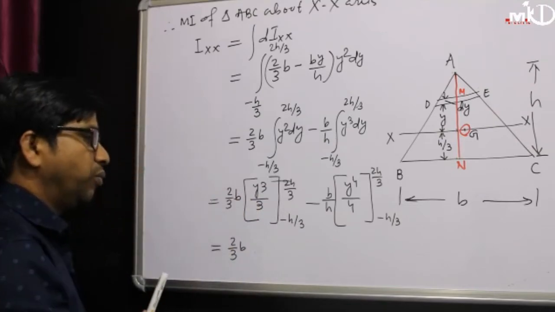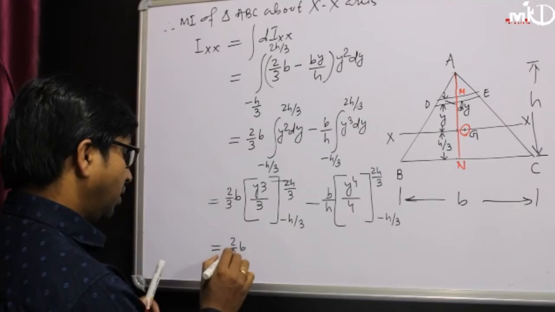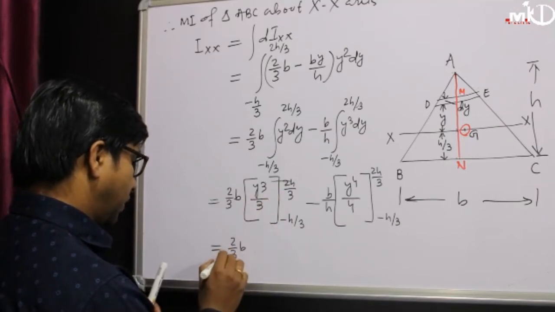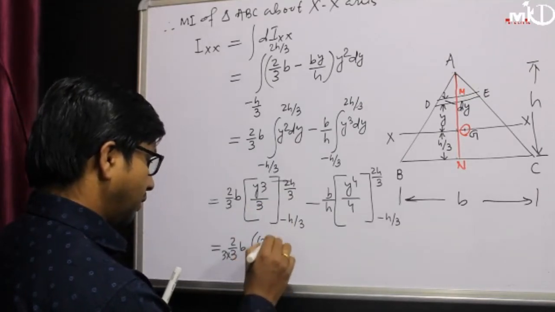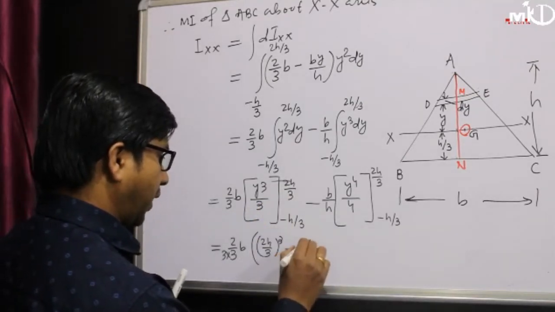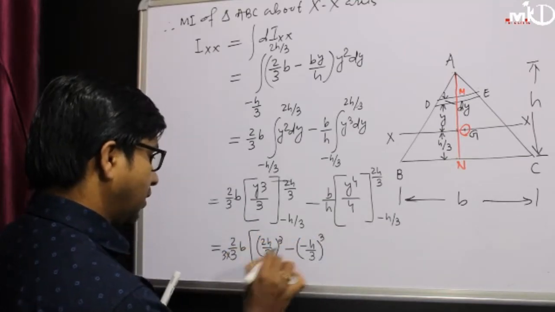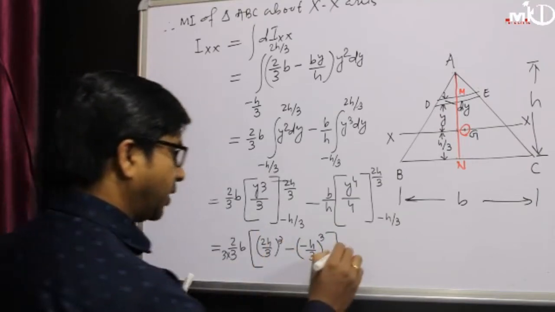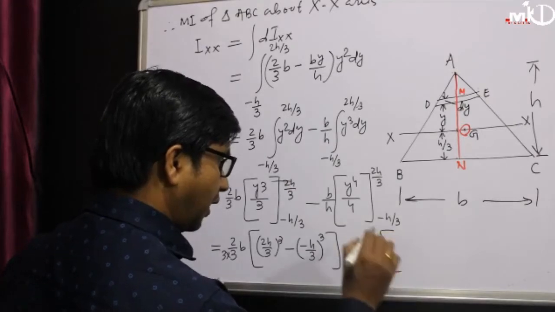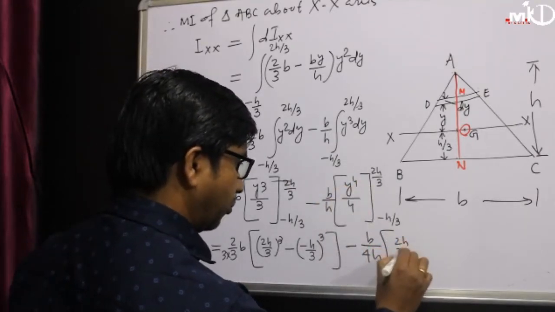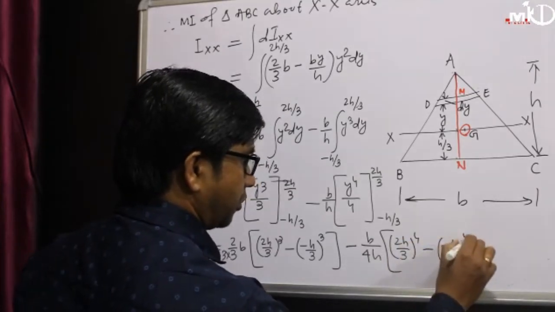In place of y we put the higher limit 2h by 3, minus the lower limit minus h by 3. The 3 comes out, so this is 2 by 9 b times 2h by 3 whole cube minus minus h by 3 whole cube, and similarly b by 4h times 2h by 3 to the power 4 minus h by 3 to the power 4.